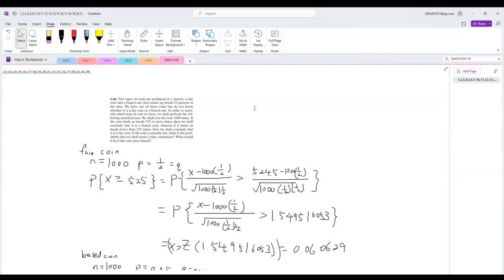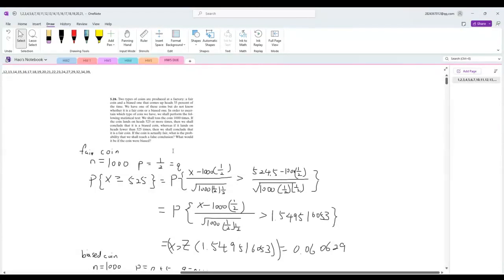We shall toss the coin 1,000 times. If the coin lands on heads 525 or more times, we shall conclude that it is a biased coin. If it lands on heads fewer than 525 times, then we shall conclude that it is a fair coin. If the coin is actually fair, what is the probability that we shall reach a false conclusion? What would it be if the coin were biased?